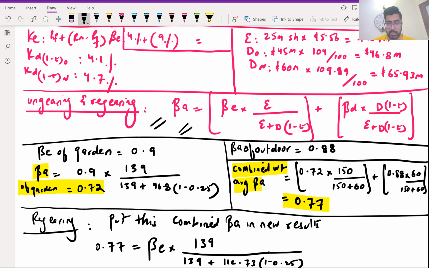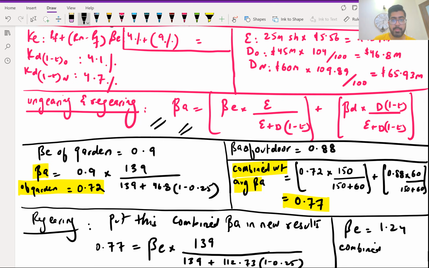Okay. If I solve this, I get beta equity as 1.24.